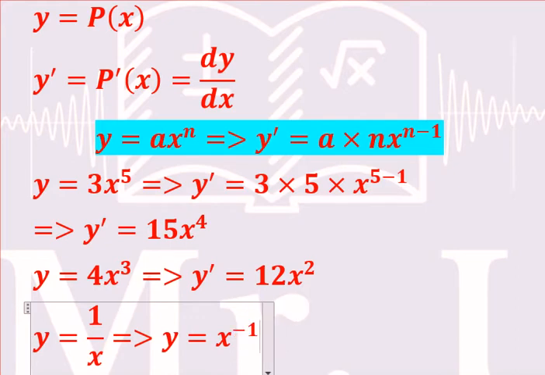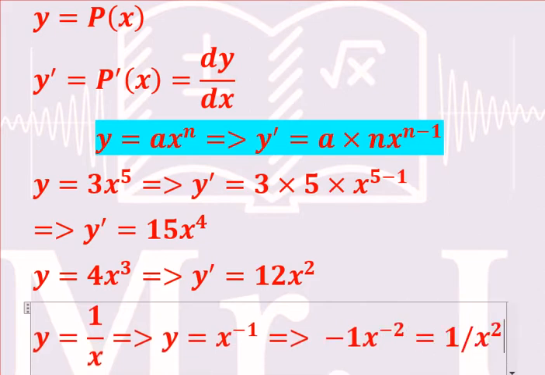Then you can apply the rule normally. As I told you, this example is not a polynomial, but I explain it because the same rule is applied to it. So in this case it will be negative 1 times x power negative 1 minus 1, so it will be x power negative 2. So the derivative of 1 over x is simply negative 1 over x power 2.